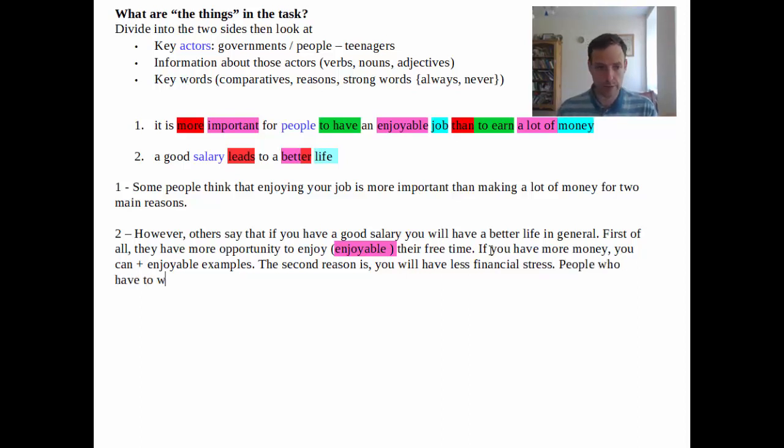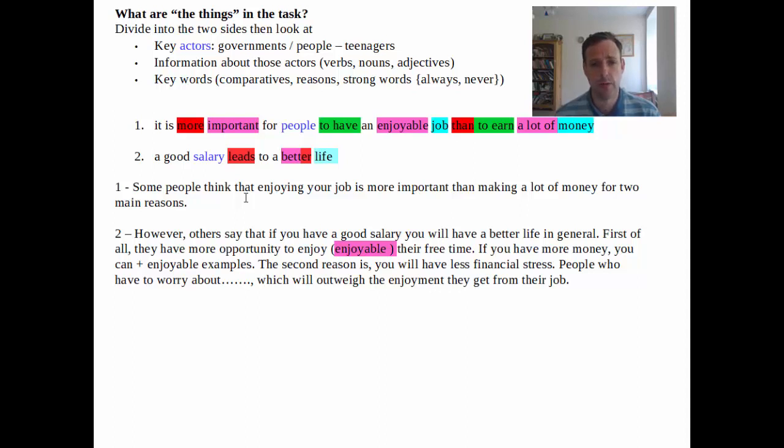People who have to worry about blah blah blah blah can't enjoy themselves as much, which will outweigh the enjoyment they get from their job. Okay, so you can see that I am talking about you'll have a better life in general, but I've decided to compare that with the ideas in the first one.